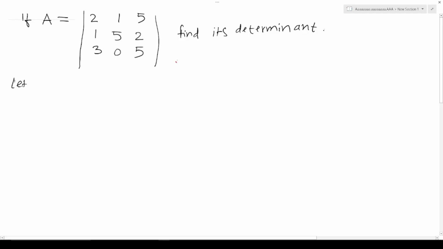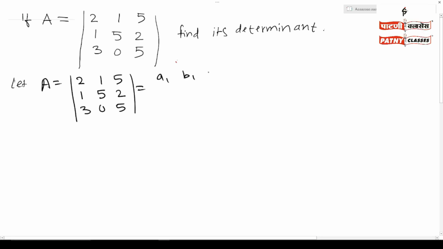Find the determinant of A equals 2 1 5, 1 5 2, 3 0 5. Okay, let's move. A equals 2 1 5, 1 5 2, 3 0 5. Comparing with the general form A1, B1, C1, A2, B2, C2, A3, B3 and C3.